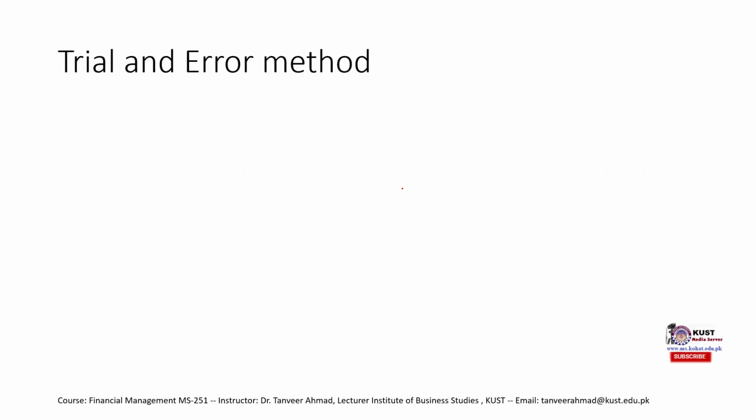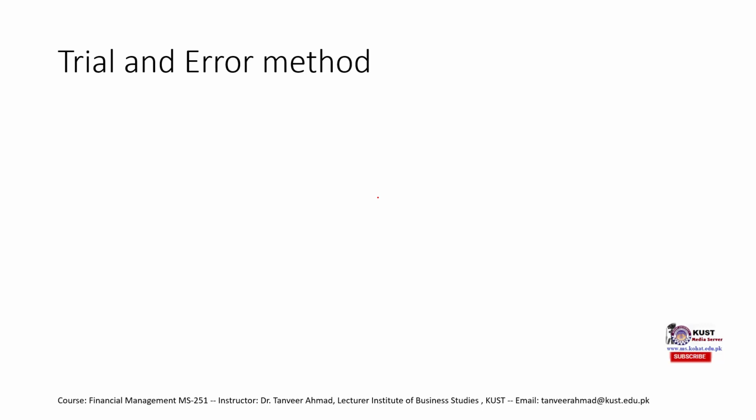We have two methods of calculating IRR. First, we are going to use the trial and error method. In the trial and error method, we assume some value of R, any value of R. We find the NPV.